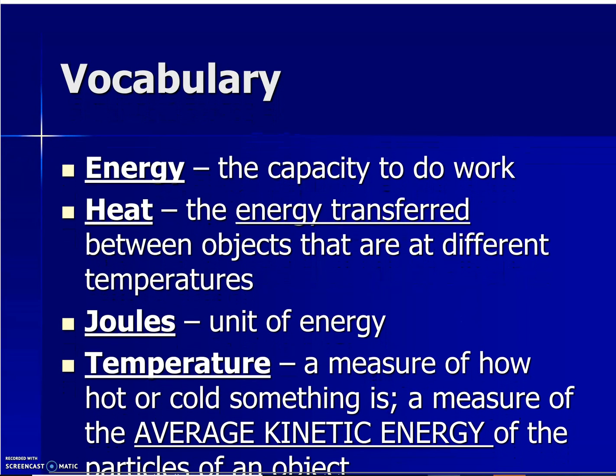All right, some vocabulary words you need to get down. This is now on page 2. Energy is the ability or capacity to do work, to make something move, to make something change. Heat is the energy transferred between objects that are at different temperatures. And one good thing to remember is it always goes from high temperature to low temperature.